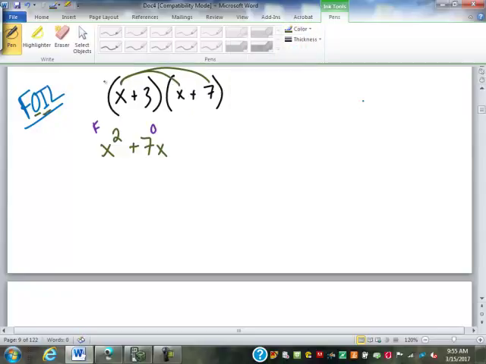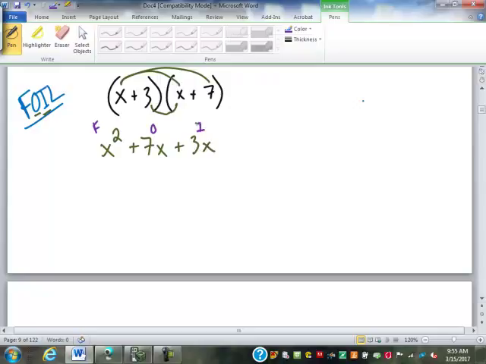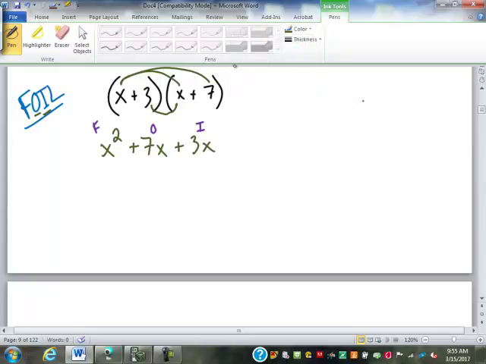I stood for inner or inside. So we have the inside two digits. 3 times x is 3x. That's the I of the FOIL. And then the L stood for last. We multiplied the last two digits. 3 times 7 is 21.